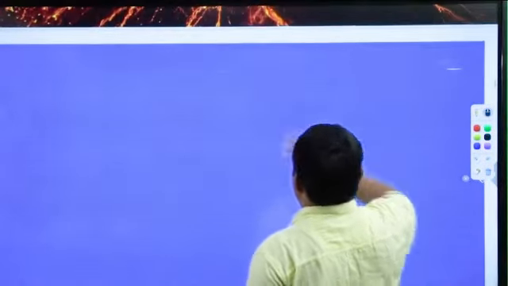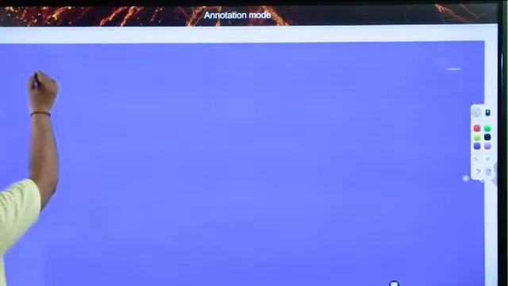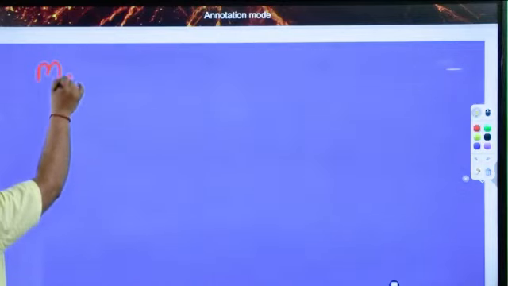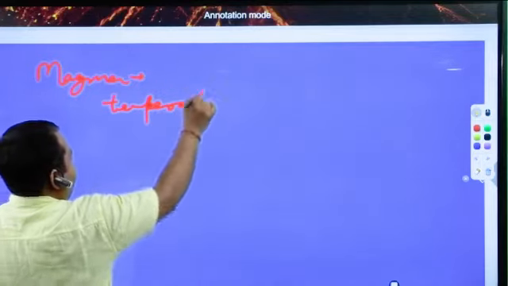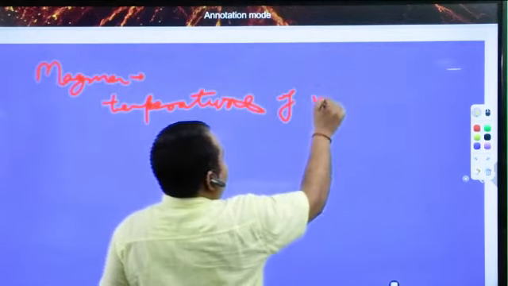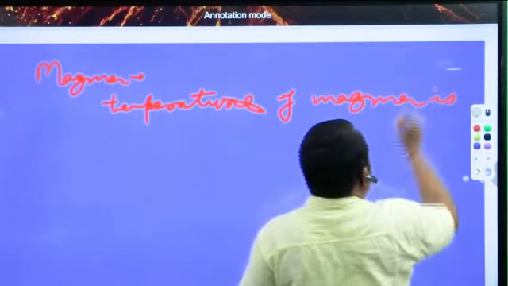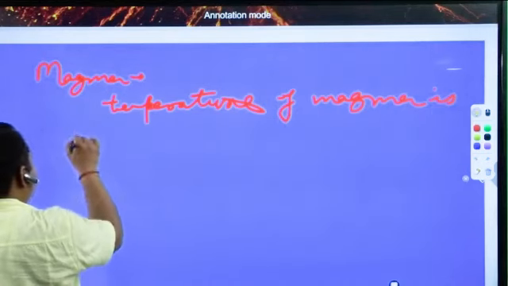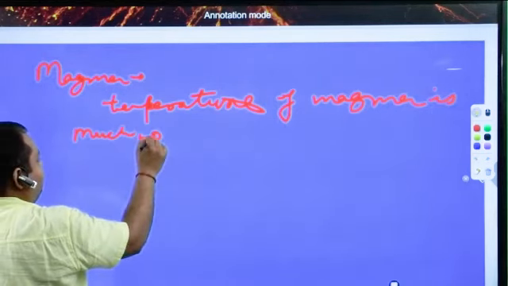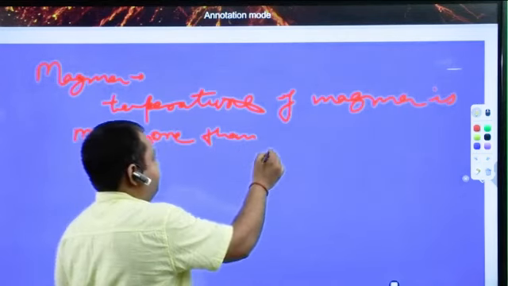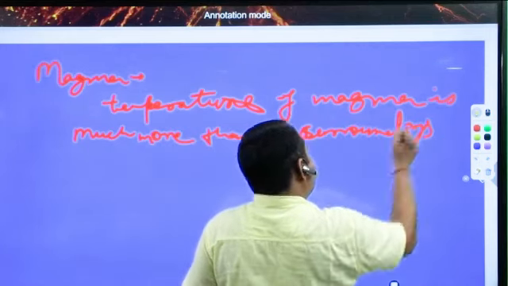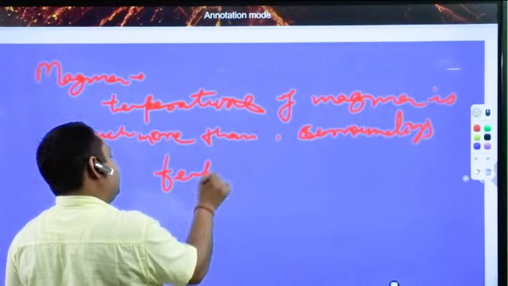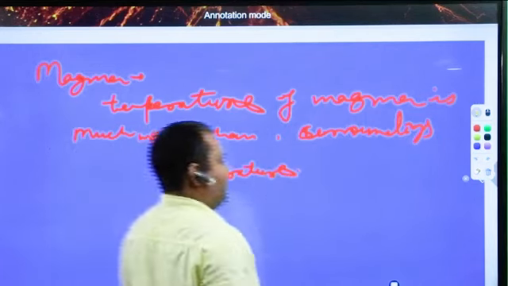If we talk about the temperature of magma, the temperature of magma is much more than the surrounding temperature.